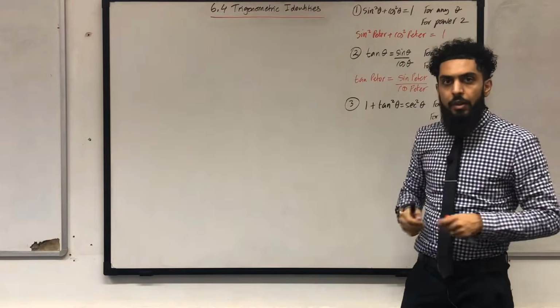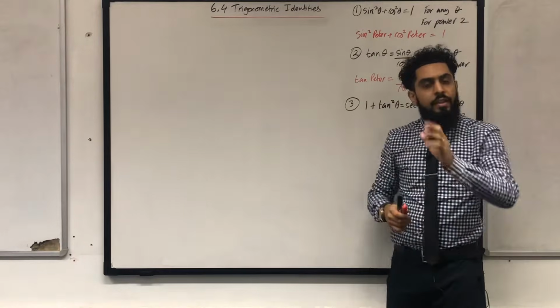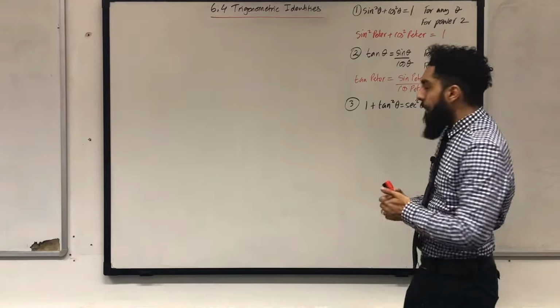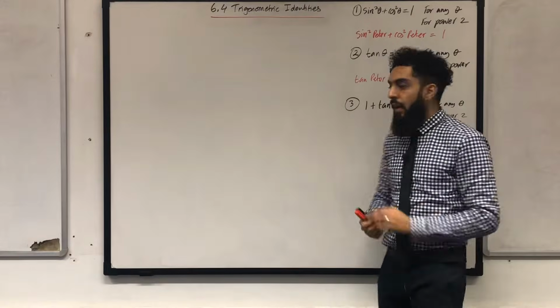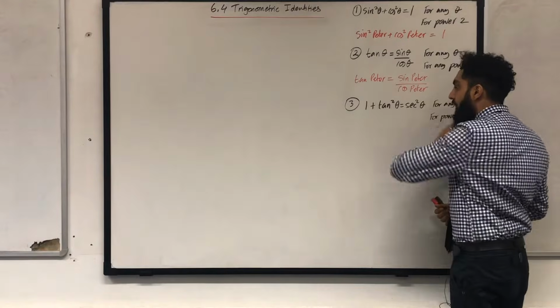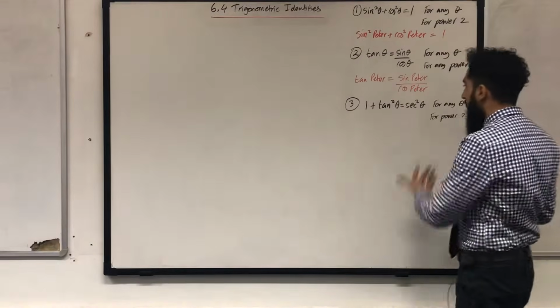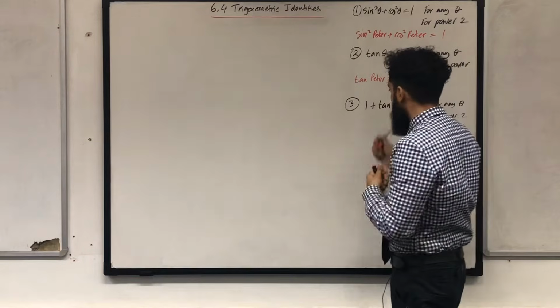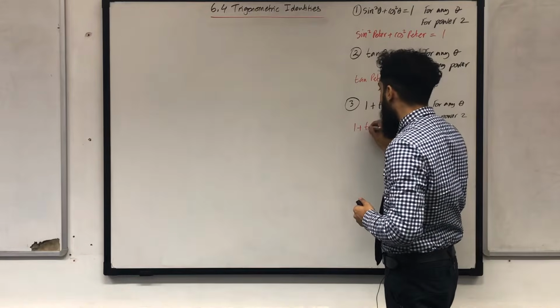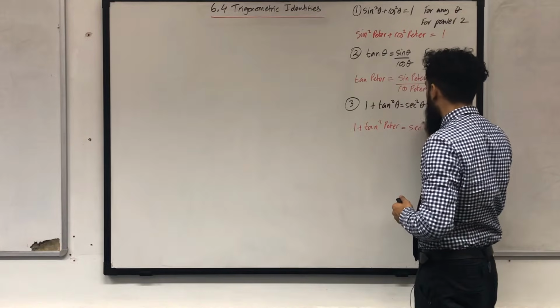It's not true because this identity is only true for power 2. In the same way, I can't have 1 plus tan to the power 6 theta equal sec to the power 6 theta. It's true for any theta, so I could have, again, 1 plus tan squared theta is equal sec squared theta.